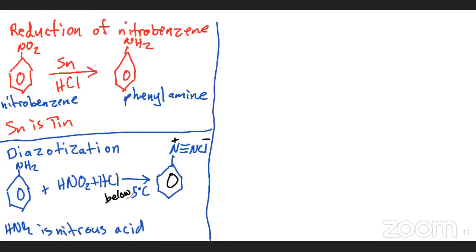On this compound here, with the nitrogen triple bonded to nitrogen, is called the diazonium salt. All right. The name of the reaction is diazotization. So phenylamine with nitrous acid and hydrochloric acid, we are making a diazonium salt.